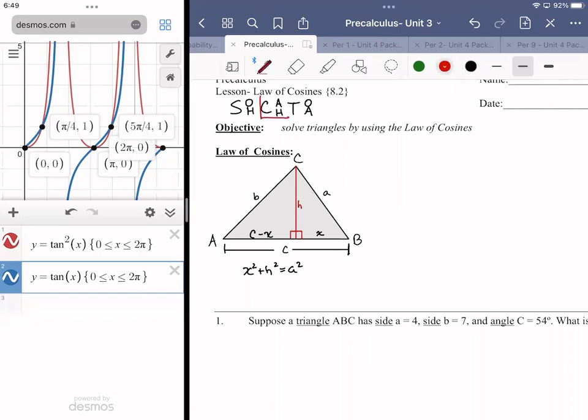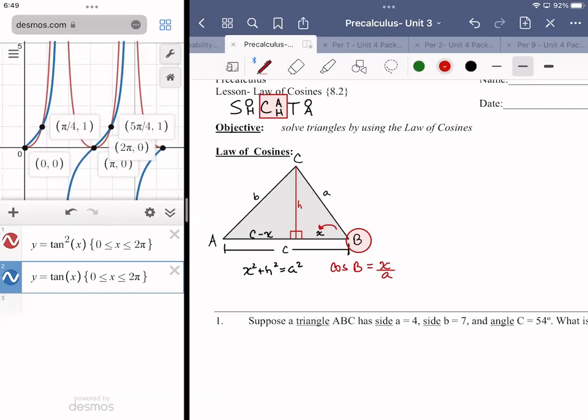If I go with cosine equal to adjacent over hypotenuse, and let's say I focus on just angle B, I could say the cosine of B is the adjacent side, which is x, over the hypotenuse, which would be a. Right, so that's a piece of information.